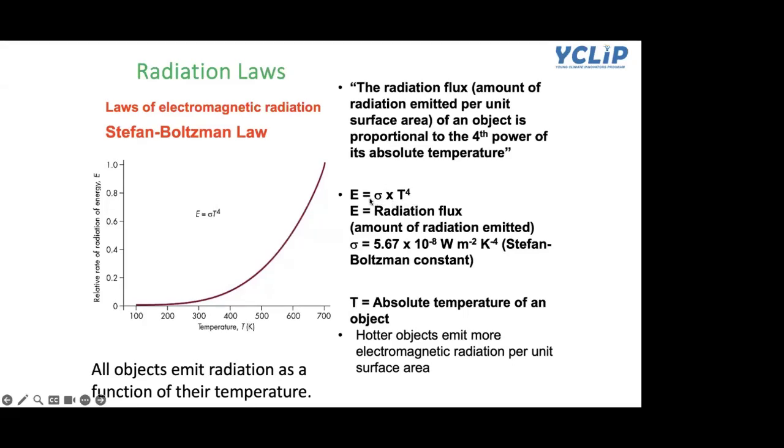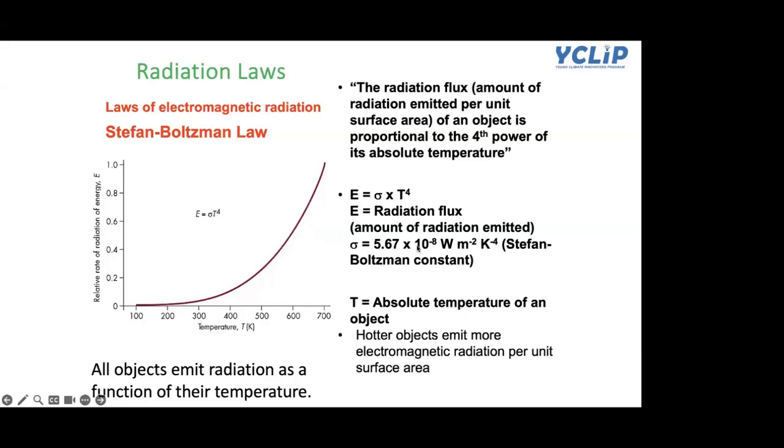E, as the amount of energy received from the sun, or for any object anyway, is proportional to the fourth power of temperature. And the constant of proportionality is this sigma, that is the Stefan-Boltzmann constant.